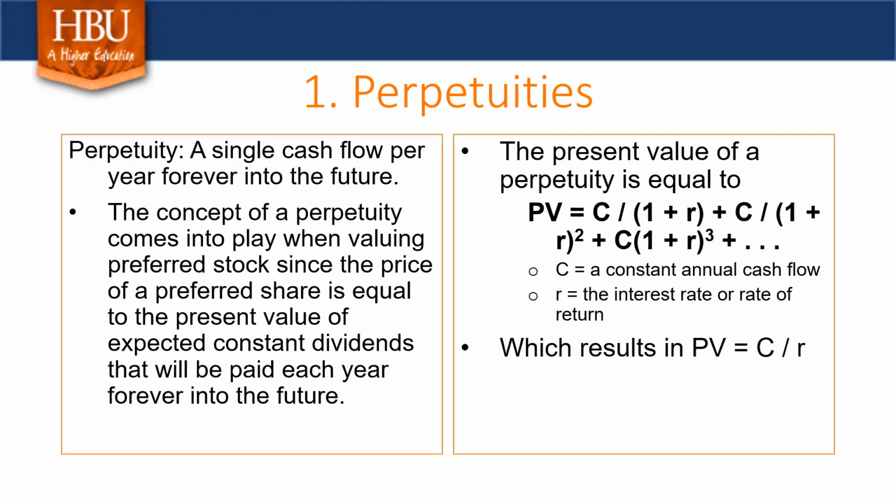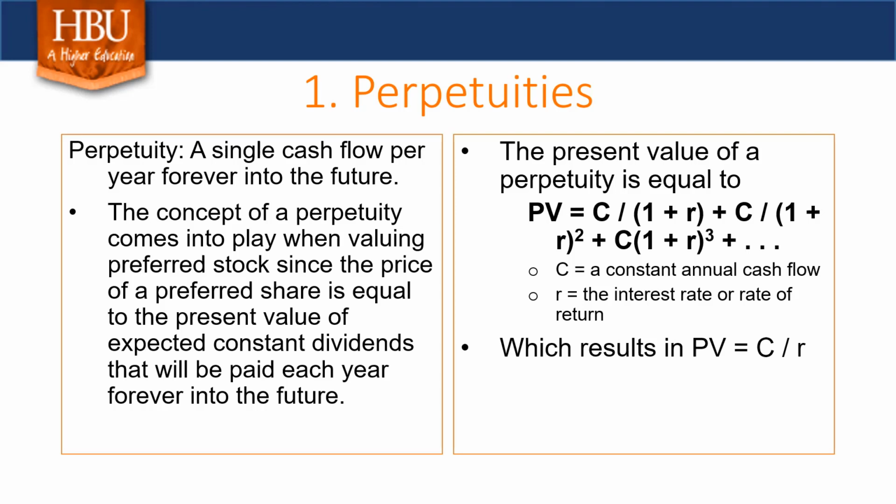First, what is perpetuity? It's a single cash flow per year forever into the future. Think about it as perpetual, ongoing. So the concept of a perpetuity comes into play when valuing stock, because the price of a preferred share is equal to present value, of expected constant dividends that will be paid out each year forever into the future.